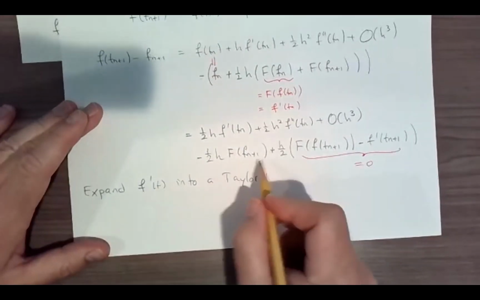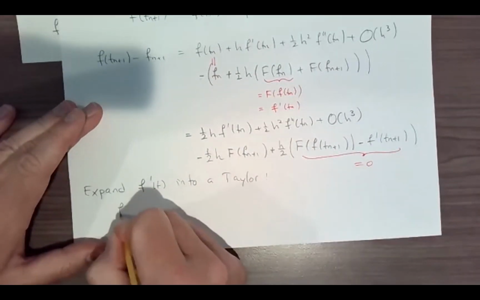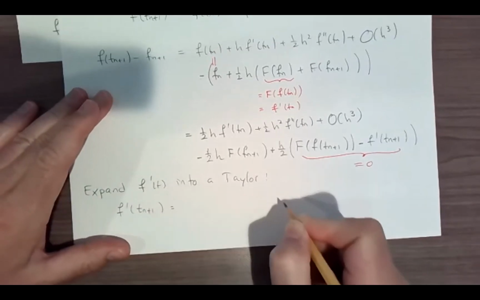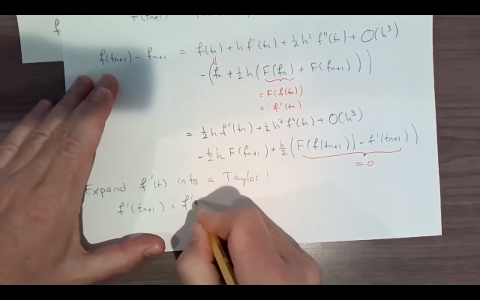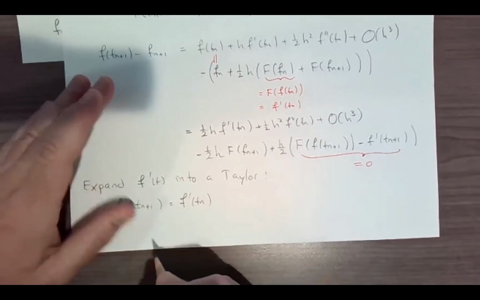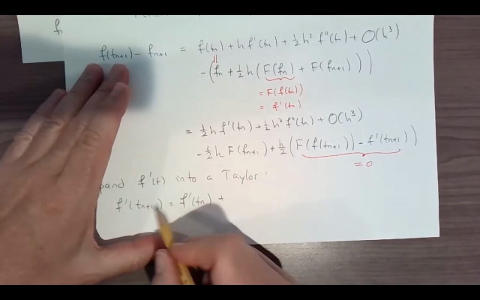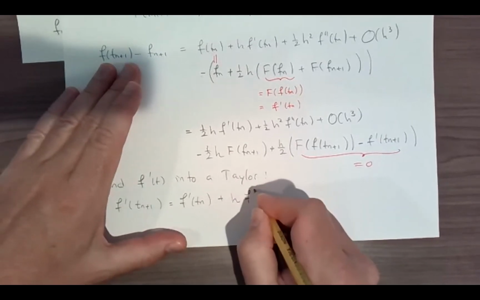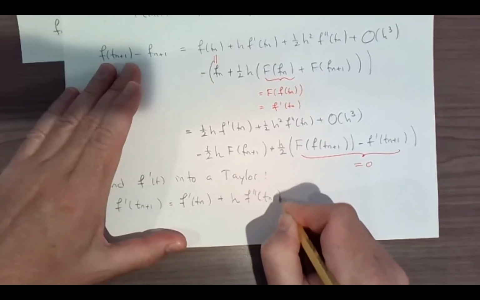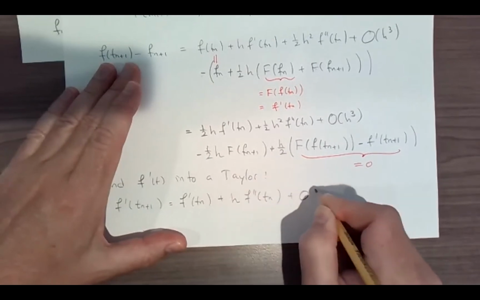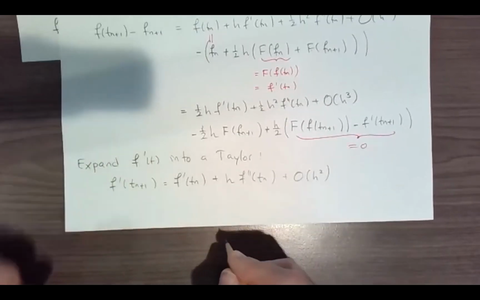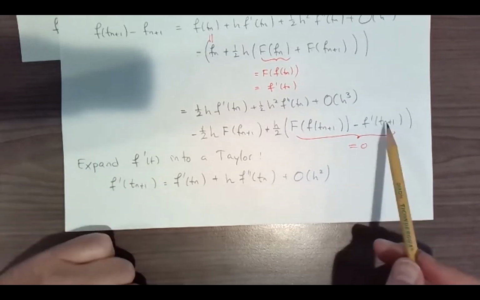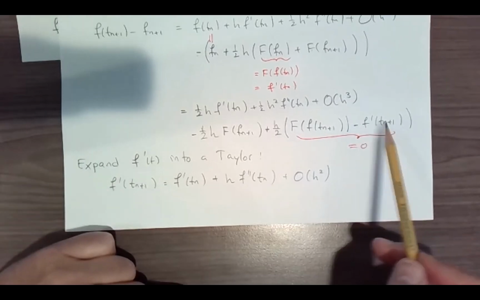So let's write this here as, that's the term I want to expand. So I want to have f prime Tn plus 1. I can get that out by evaluating it at f prime of Tn. And then that was the initial point. Do the time step. Then I need f double prime Tn. And then an error term h squared. And then that's going to link this last part with the first part.